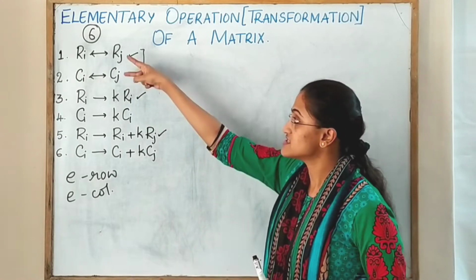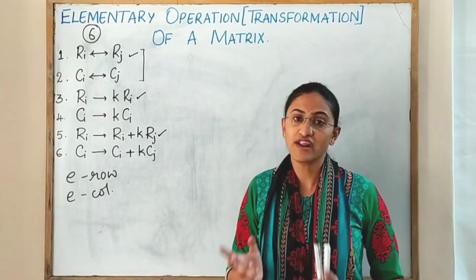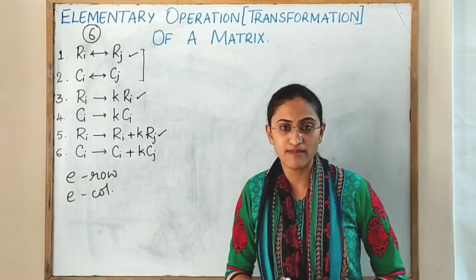That is, the first indicates the interchange of any 2 rows or any 2 columns of a given matrix.